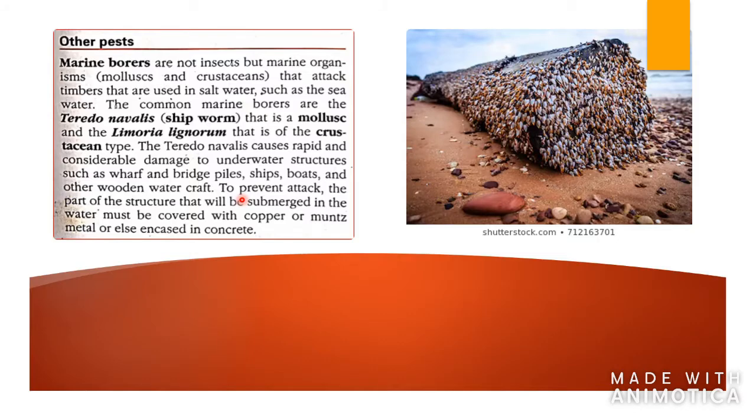So you want to make sure you protect the wood very well, or whatever material the boat is made of, whatever type of wood that you use. You want to make sure it's fully protected and that it's not susceptible to marine borers.